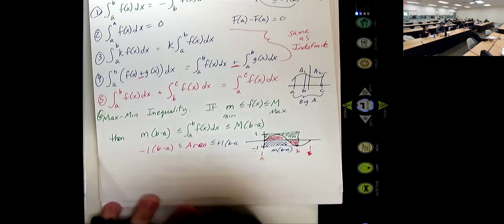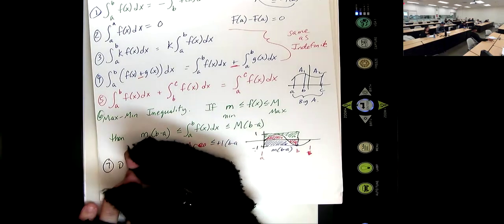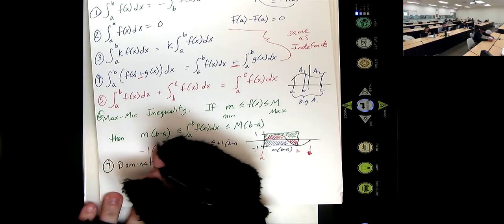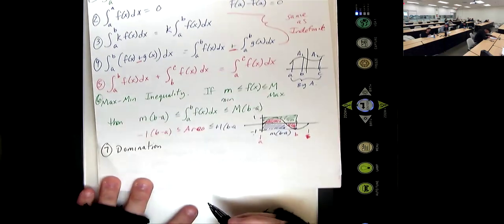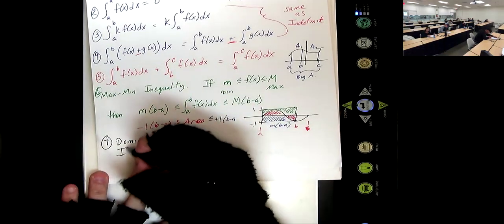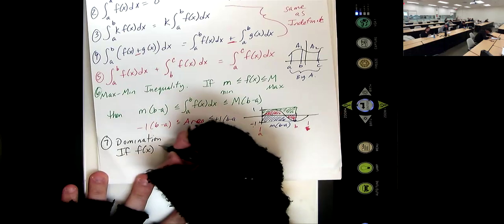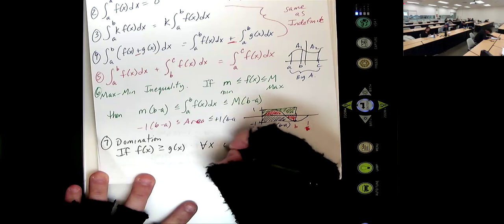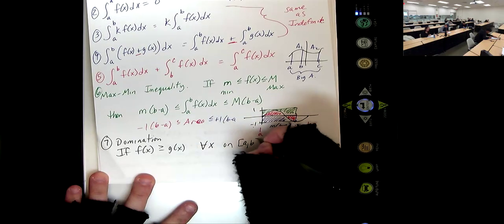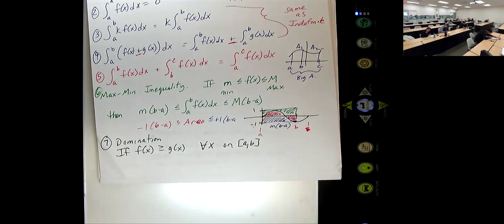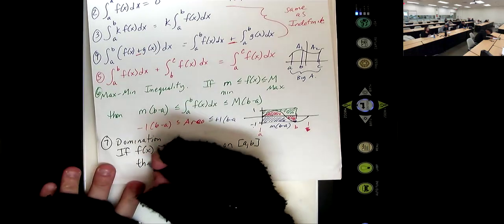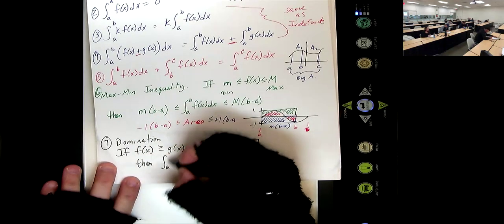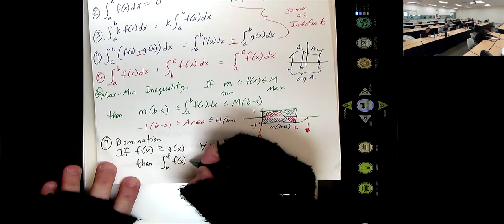The last one, this is a fun one, is called domination. If f of x is greater than or equal to g of x for all x on AB, this is only a fun one because of the name, then the integral is greater as well.